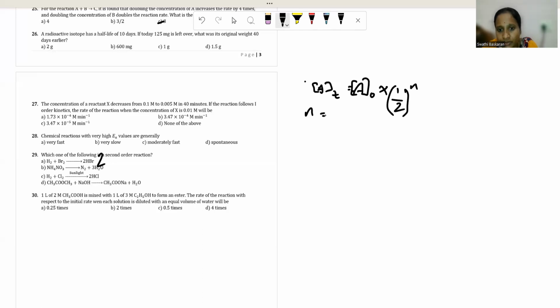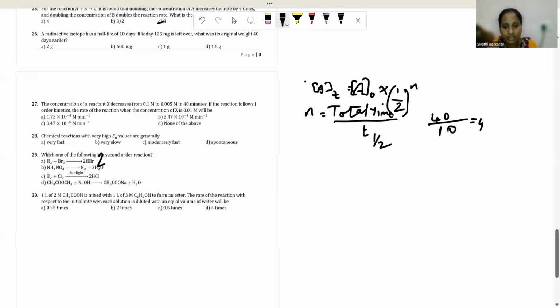The n value will be the total time divided by T half. This is the formula. So what is the total time they have given? They have given the total time to be 40 days, divided by T half, which is 10 days. So now the n value you are determining to be 4. Substituting the value of n and the value of A t, you will rewrite the expression.